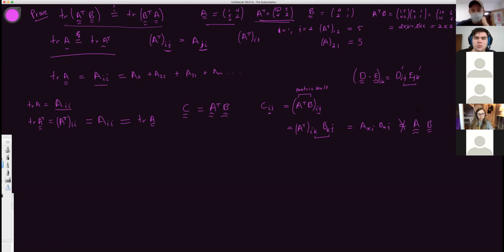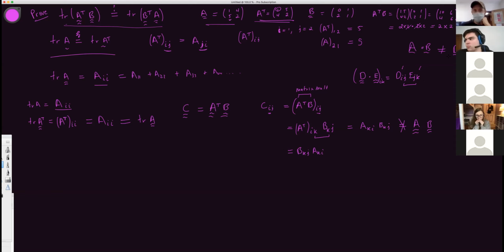How could I make it the right position? There are two steps. One step is moving B, so let's do that. Now, why can I do that? You probably remember that matrices are not commutative. If you take two matrices A and B, A dot B with matrix multiplication is in general not B dot A. They don't commute.